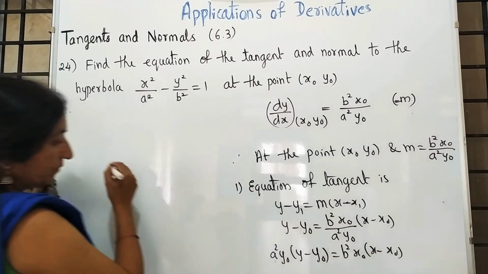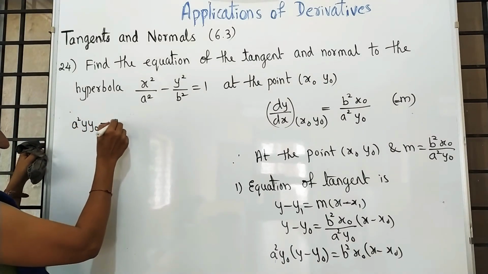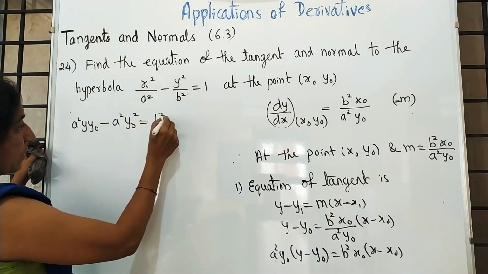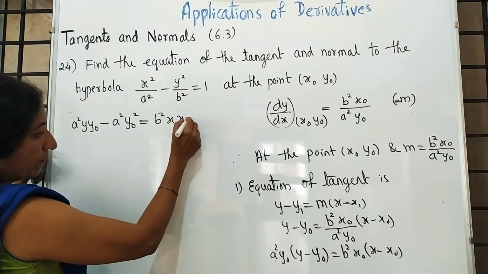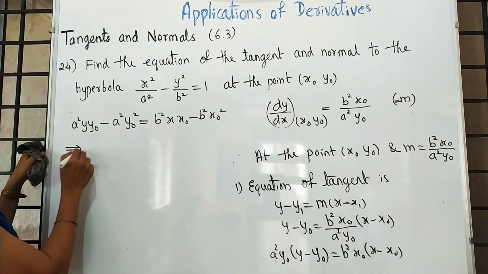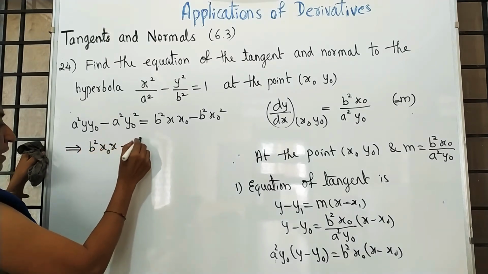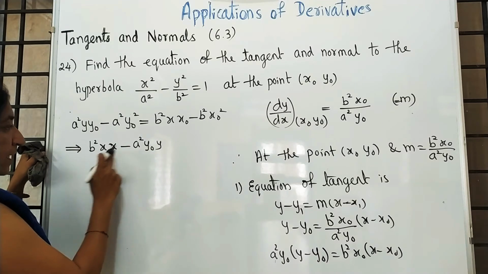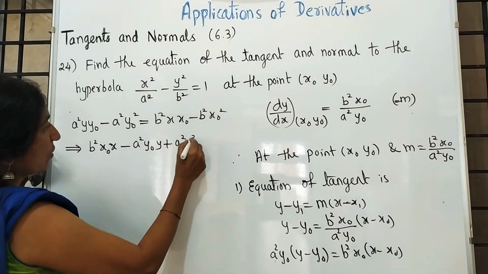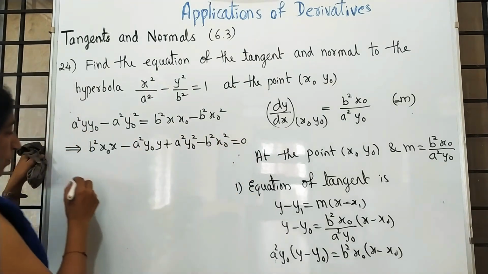Remove the bracket. A square y naught y minus a square y naught square is equal to b square x naught x minus b square x naught square. This implies b square x naught x minus a square y naught y, first x then y, plus a square y naught square minus b square x naught square is equal to 0.